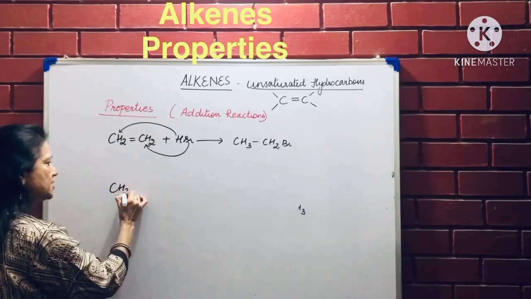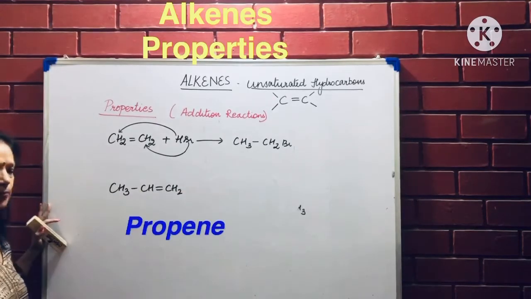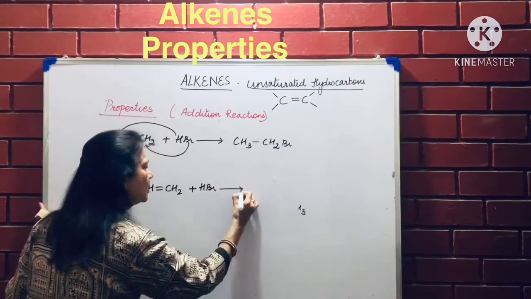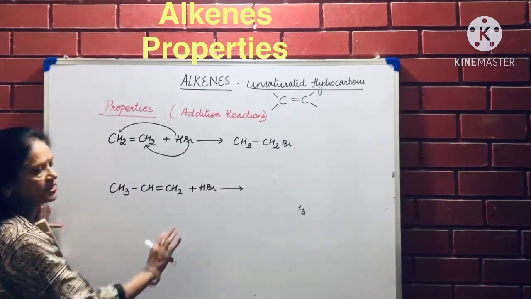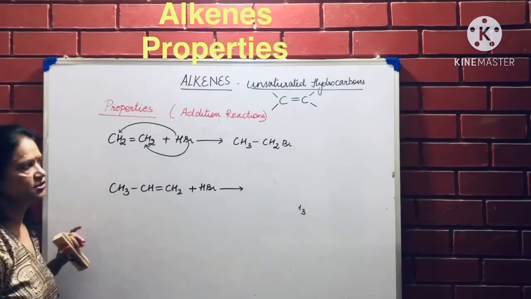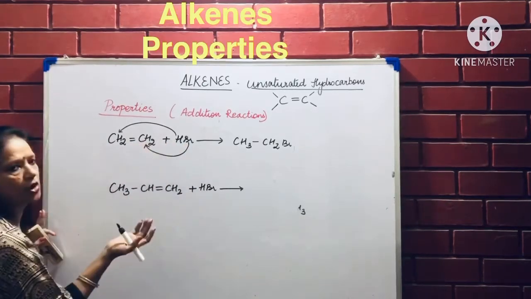The second situation. Supposing my compound is CH3CH double bond CH2, which is propene, plus HBr. Now I have to think where H can go and where Br can go. In this case, both the carbon atoms had the same number of hydrogen atoms. Even if you had written Br here and H here, it would not make any difference.